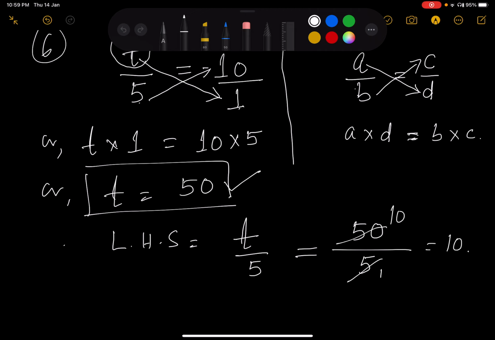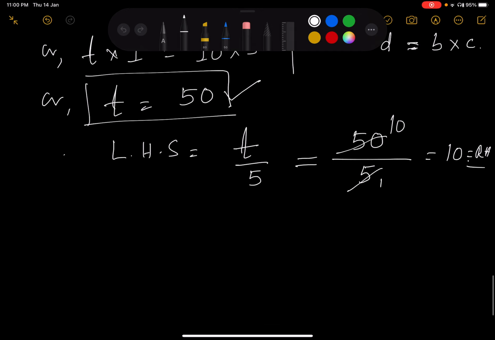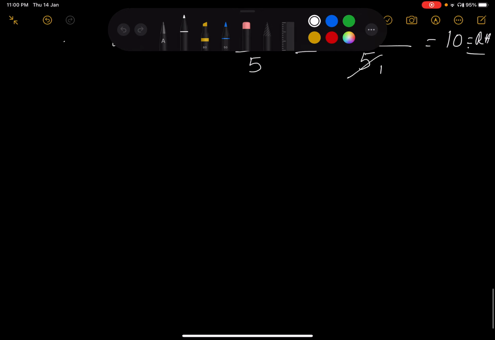So it is 10. 10 means it is right hand side value. So in this way, if an equation contains the fractional numbers, then we can solve the problems by cross multiplying.